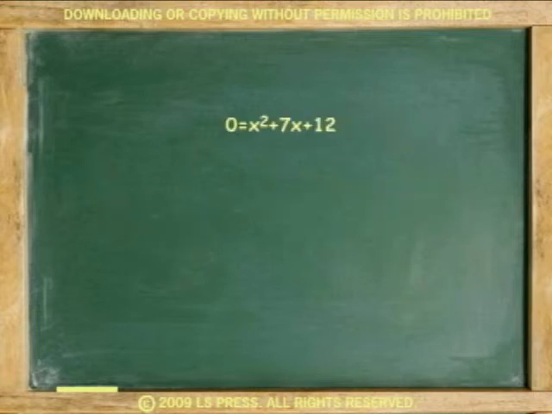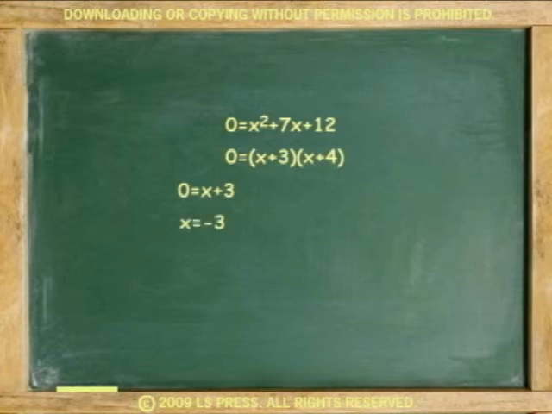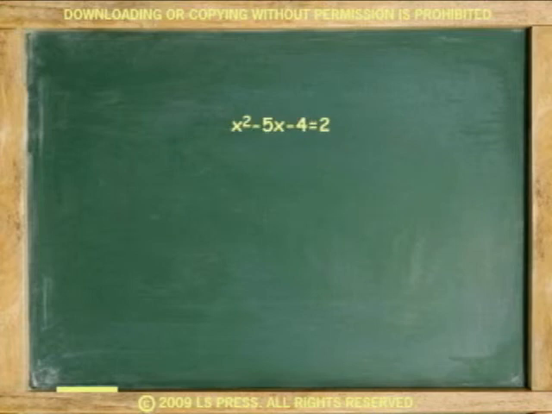Another example. Factor the trinomial. What two numbers when multiplied yield +12 and when added +7? 0 equals x plus 3 times x plus 4. X plus 3 equals 0, x equals -3. X plus 4 equals 0, x equals -4. Another example.